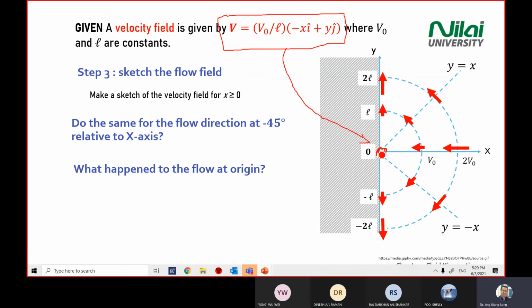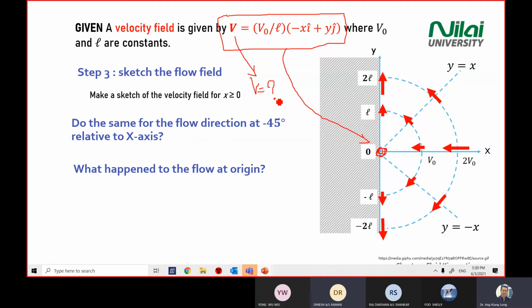What is the coordinate of origin and what is the value of your v? V equal to what? What is the coordinate for your x and y at origin? You understand my question, right, Dinesh?